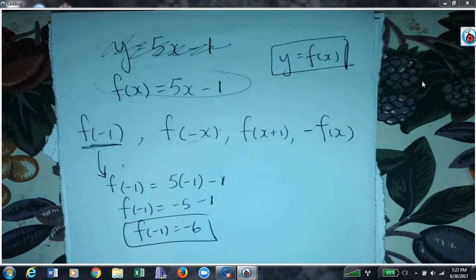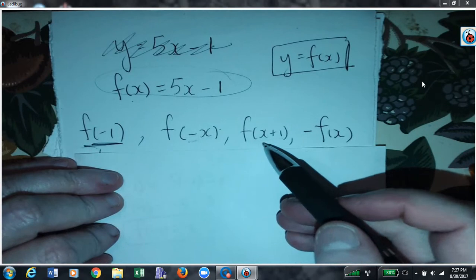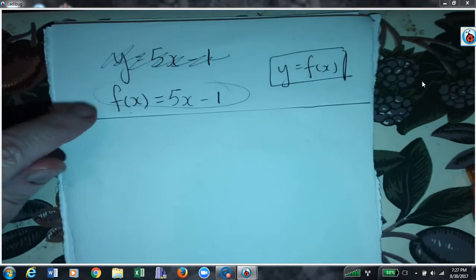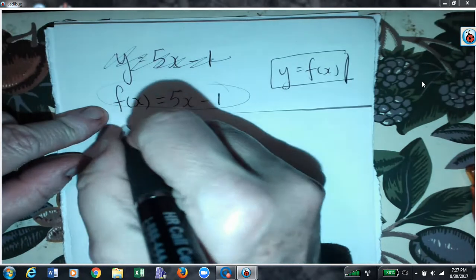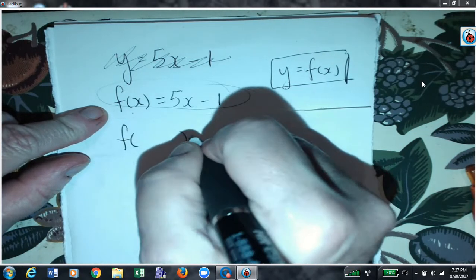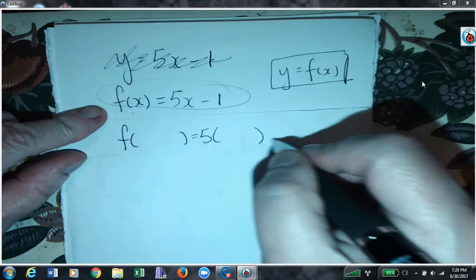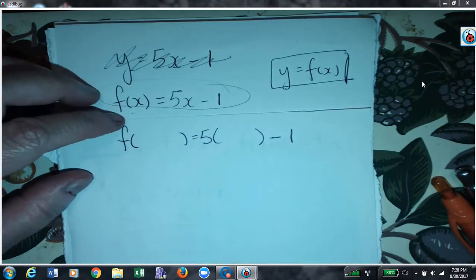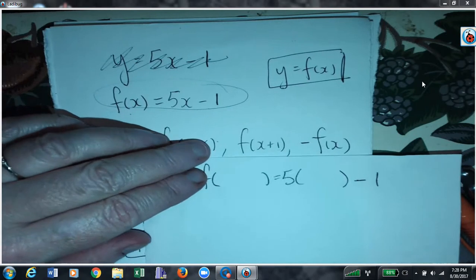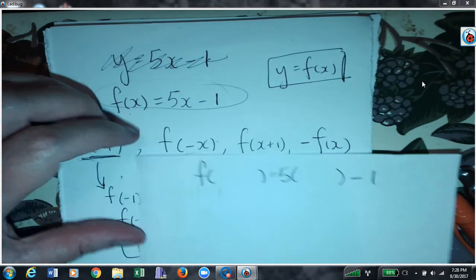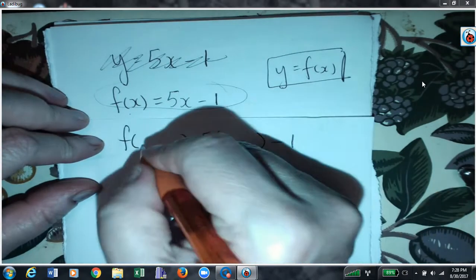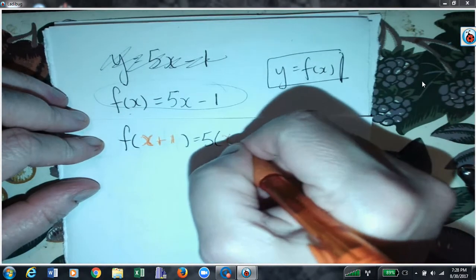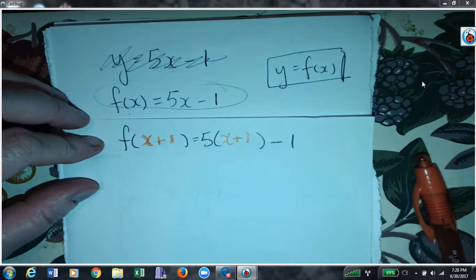Okay. Now, what about f evaluated at x plus 1? Well, it's going to be the same thing. I'll go to the original formula, and I rewrite it without the x, and I put blank parentheses where the x was. So now what do we want this time? We want f evaluated at x plus 1. So you can take a different color pen if you like, and write in x plus 1 there.